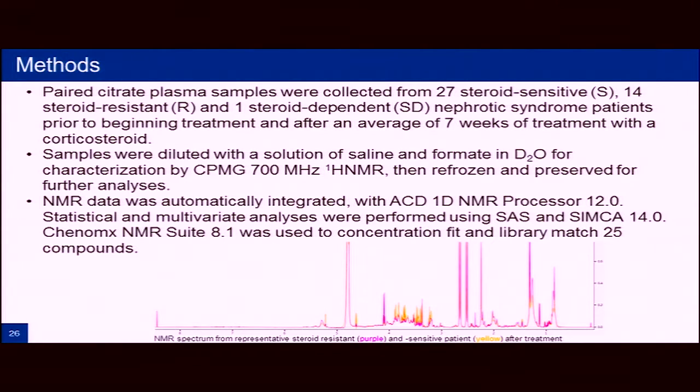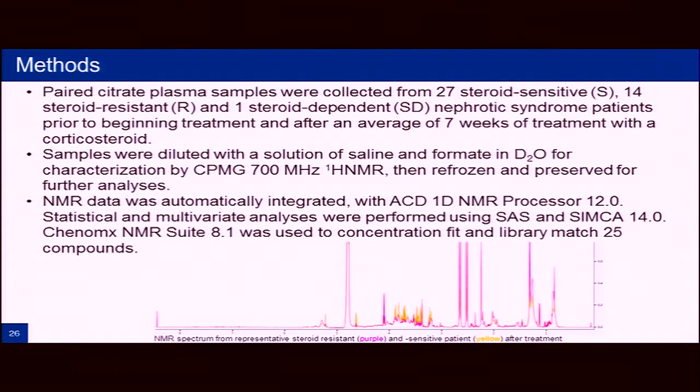So we started with citrate samples that were paired from 27 steroid-sensitive patients, 14 steroid-resistant patients, and 1 steroid-dependent patient prior to beginning treatment and after an average of 7 weeks of treatment. Those samples are diluted with saline and formate in D2O and characterized by NMR.